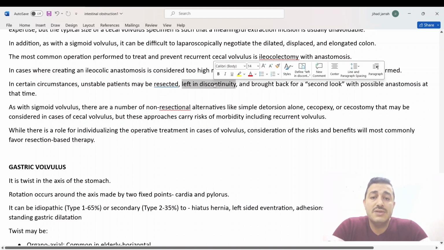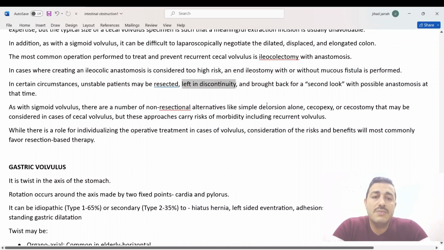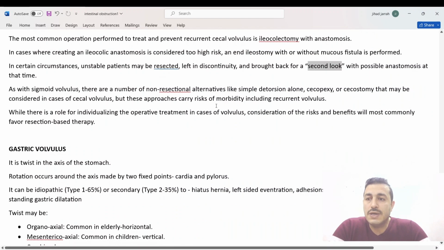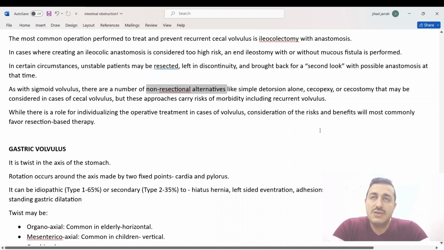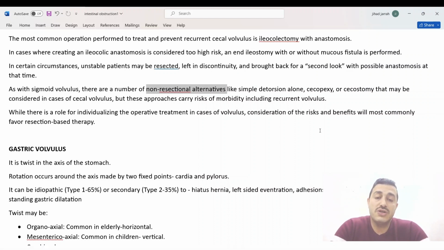We leave the bowel in discontinuity, meaning we bring a stoma, and we can proceed later to second-look surgery. As we said, there are some non-resectional alternatives such as cecopexy and cecostomy, but they are associated with a high recurrence rate. So we prefer resectional surgery in the form of right hemicolectomy.